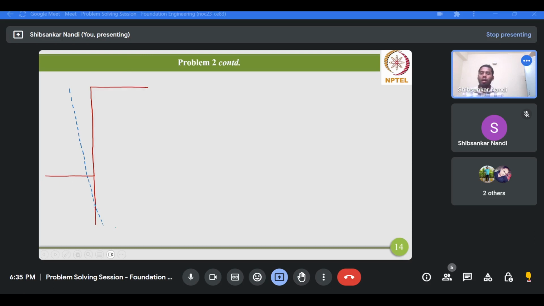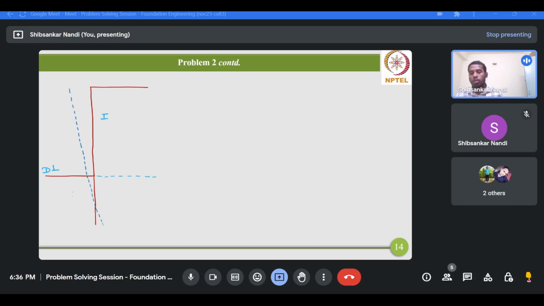Now depending on this deflected pattern of the sheet wall, we can basically divide the soil mass into 4 divisions, that is, this part above the dredge level. This is your dredge level, or we can say DL.